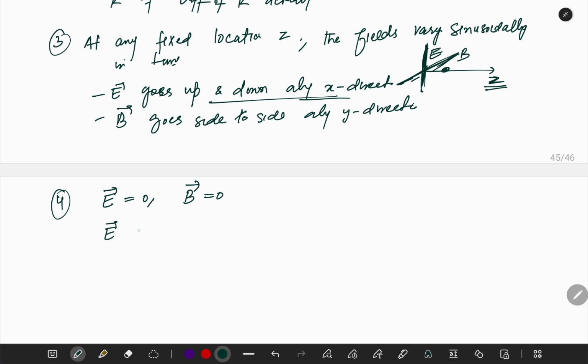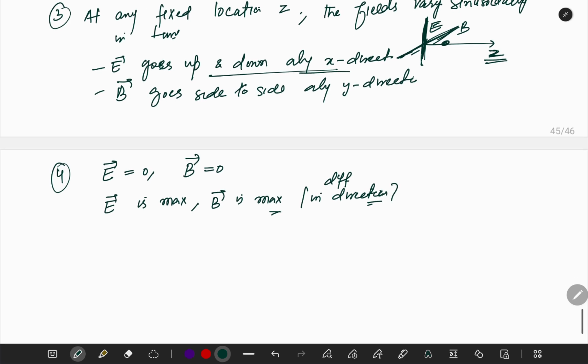When E is maximum, B is also maximum, but obviously in different direction. That means they rise and fall together. This is very important to what it means in phase.